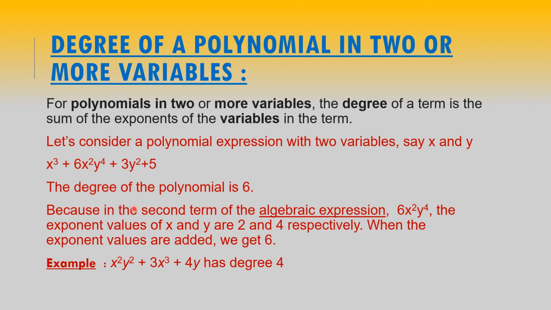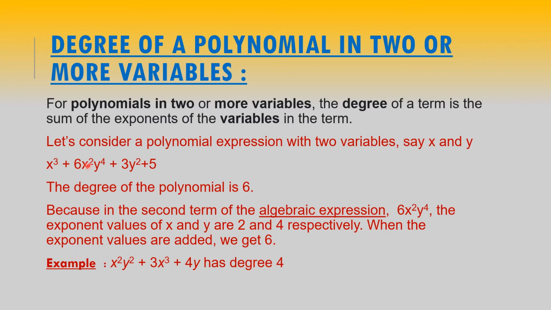Because in the second term of the algebraic expression, observe the second term, 6x squared y to the power 4. The exponent values of x and y are 2 and 4 respectively. When the exponent values are added, we get 6.